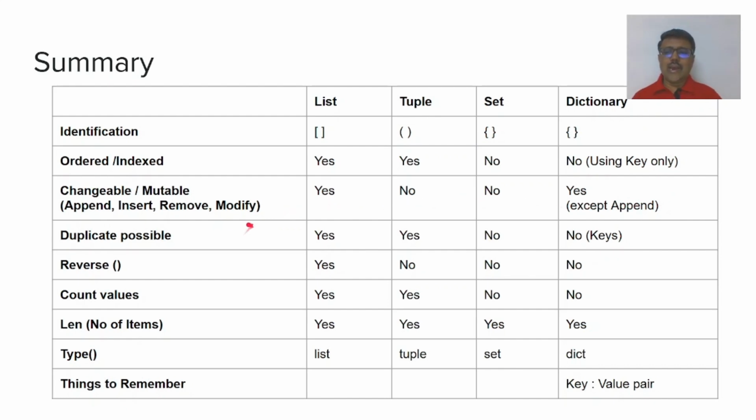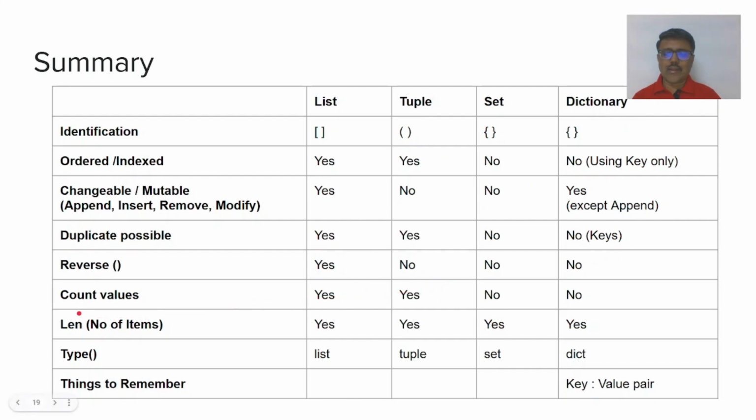And then whether duplicates are possible. You can see here in list you can have duplicate values, in tuple you can have duplicate values, in set even though you are entering duplicate values, it will always return only unique values, right? In dictionary you cannot have duplicates because keys are primary. And then reverse, you can do it only in list, and other things.